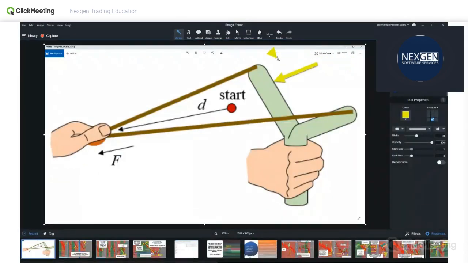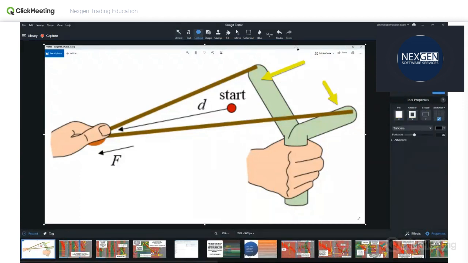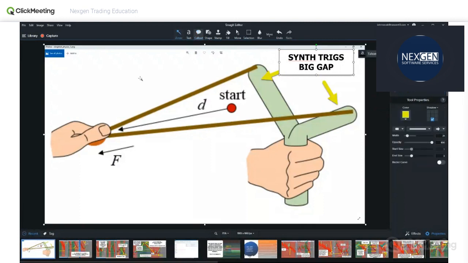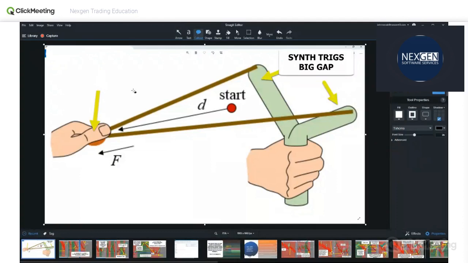These are your synthetic triggers. I always like visual representations.